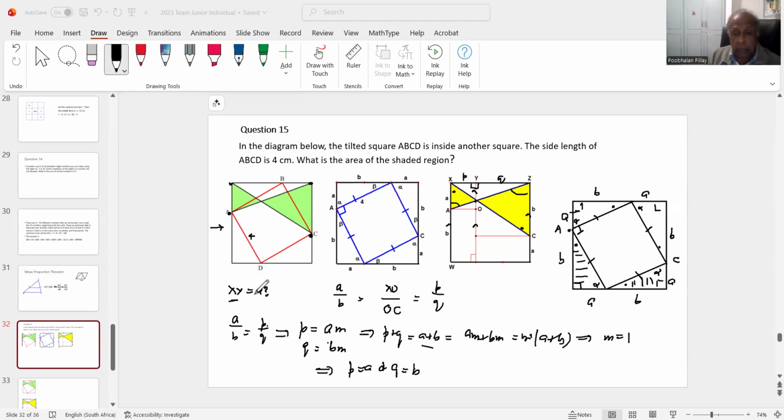It took a long time to get to that. So in place of the P now, I can write down A. We just proved that this is equal to A, and we proved that Q is equal to B.